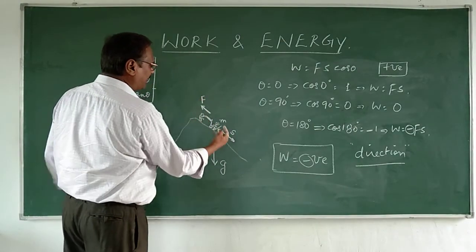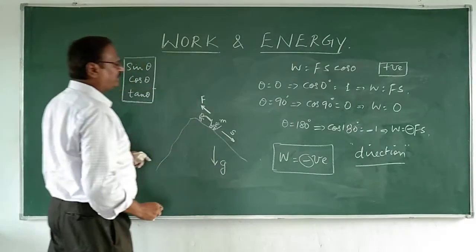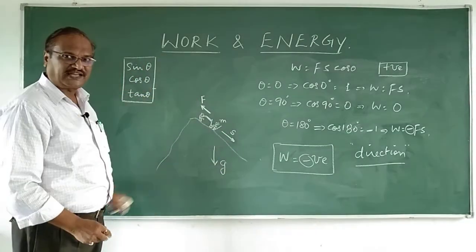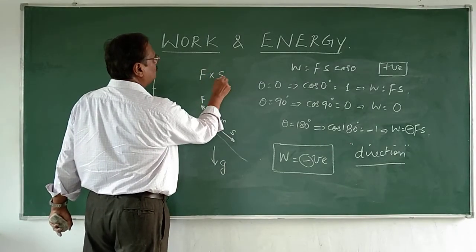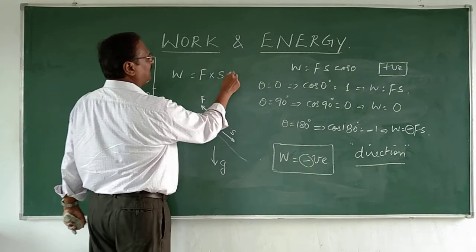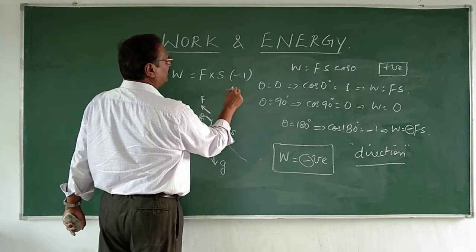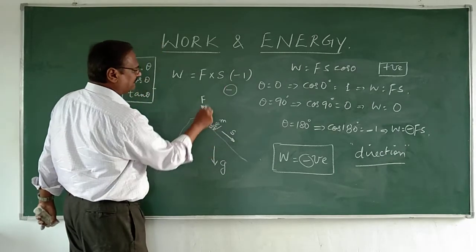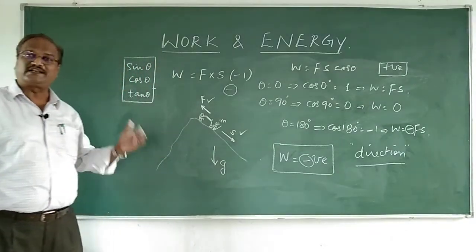The force is applied in the opposite direction and the displacement is in the downward direction. So we can say that work is done. Force multiplied by displacement is work. Work is done. But the cos theta turning out to be minus 1, we say negative. The negative sign only symbolizes that the force and displacement are in opposite directions.